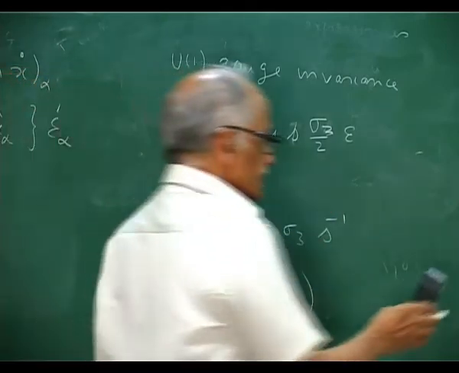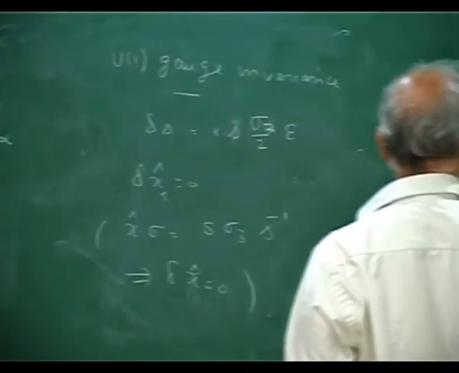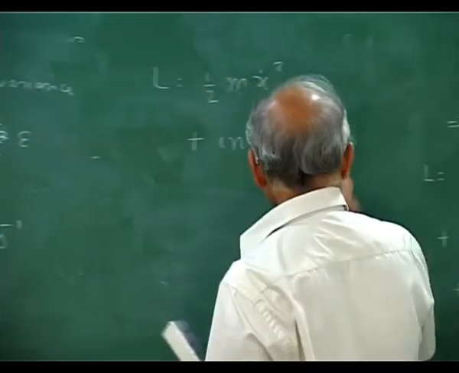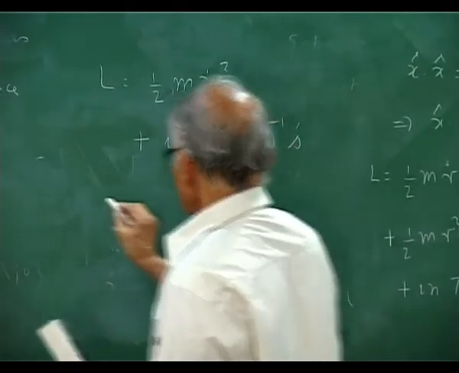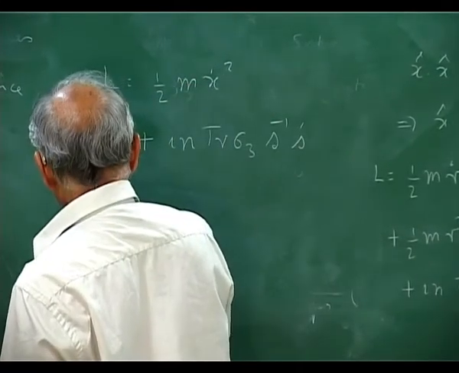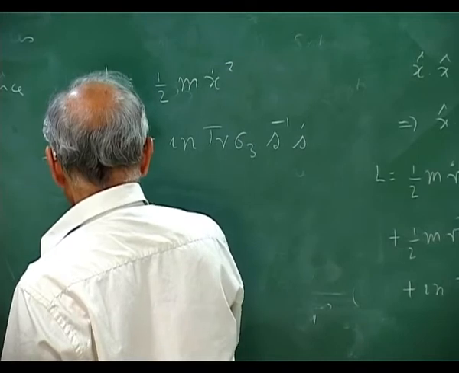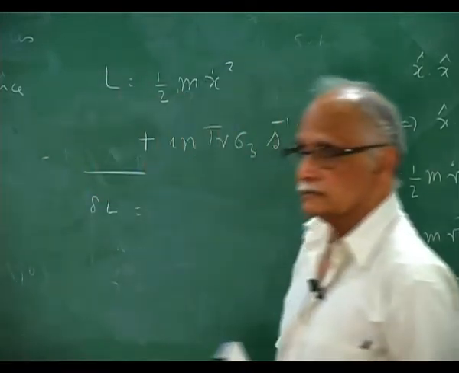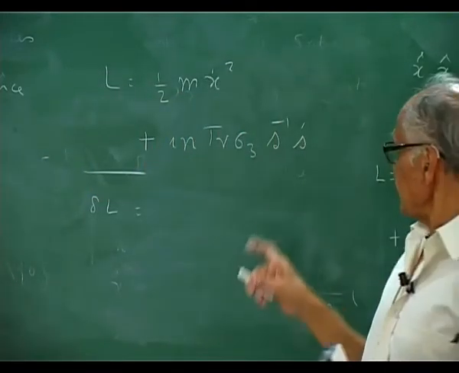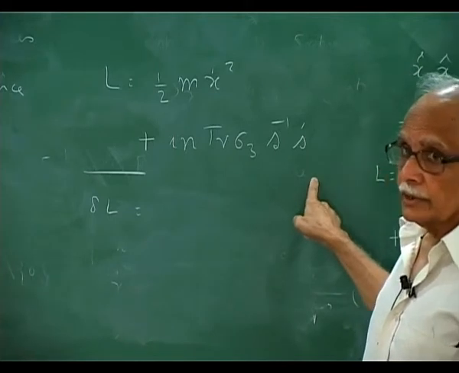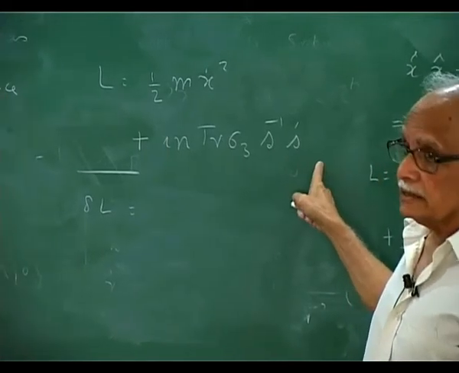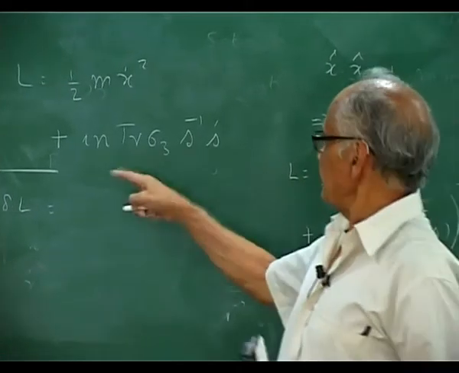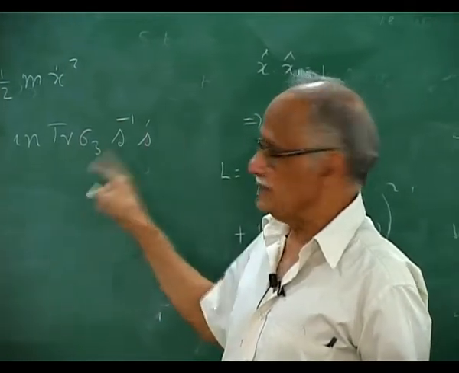But this term, on the other hand, delta L: for the first term I get nothing. For the second term, if I don't differentiate epsilon, by cyclicity of the trace it will vanish, because it will commute.